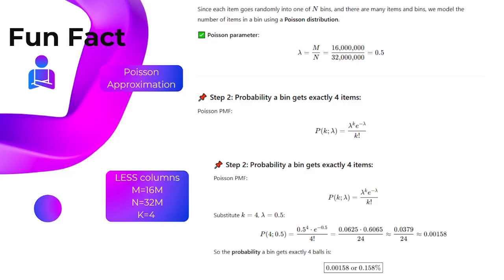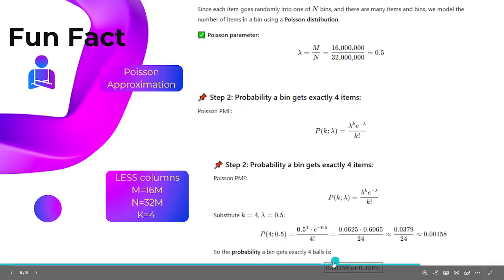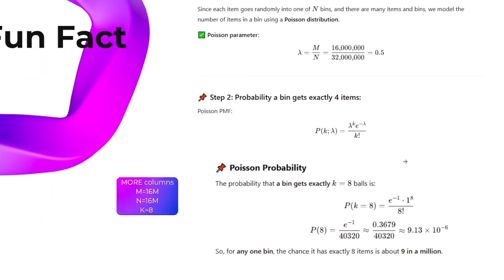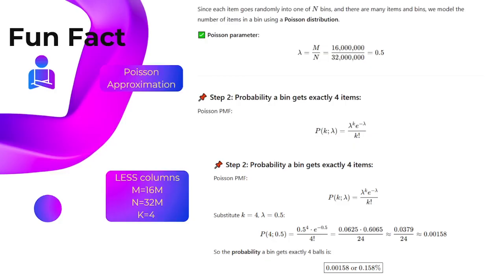The total capacity of the table is 128 million entries and we are only storing 16 million entries, so the table is about 1/8 full, about 12% full. In a 12% full table, with four elements inside each bin, our probability is 0.158%, or 1580 in a million.